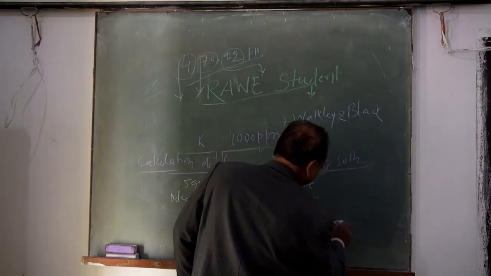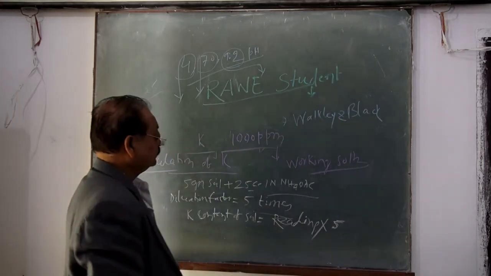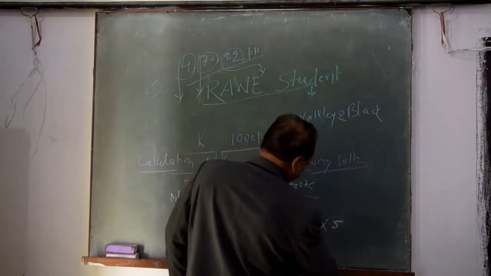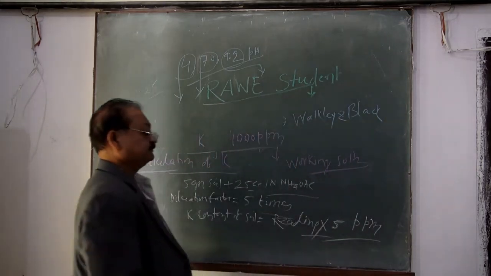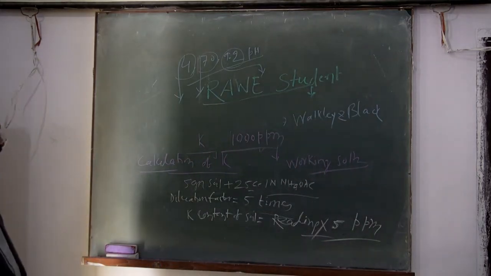This 5 is the dilution factor. That will be the ppm.